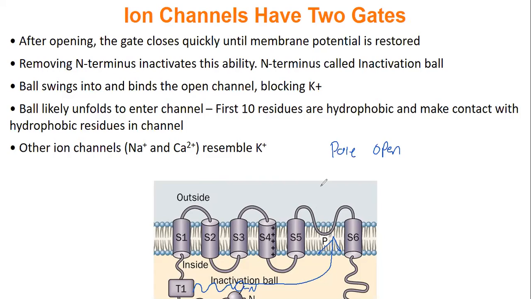It's a very cool idea. Imagine that you have a swinging pendulum and ball in the cytoplasm. When your pore opens up, it swings itself right into the hole, blocking any more potassium from leaving. And the way it enters this channel is that this ball probably unfolds.